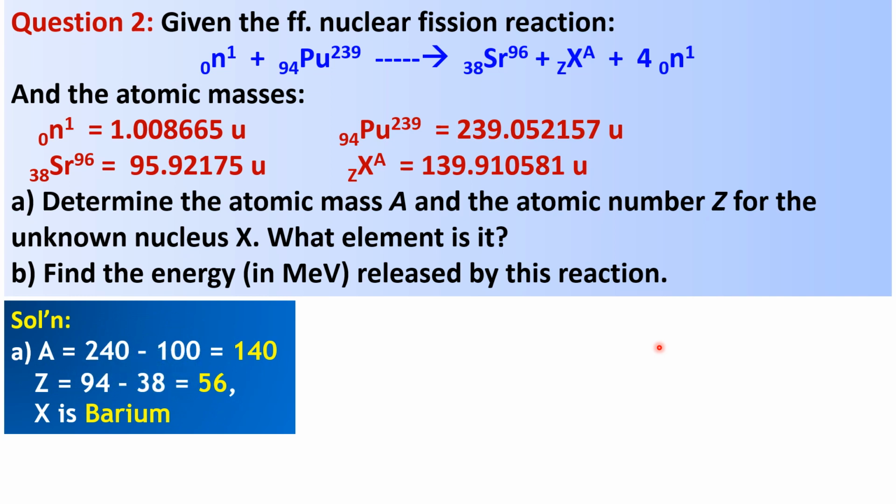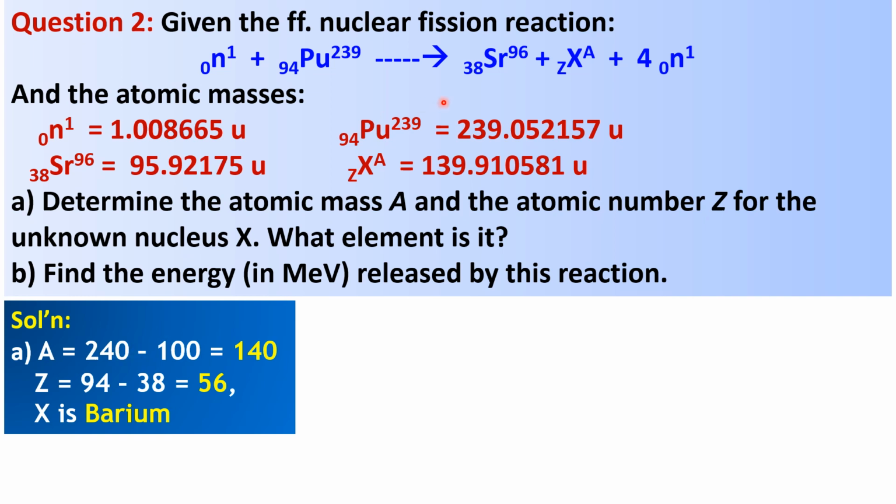So, just like in our example number 1, we first get the mass number A of the unknown nuclide, and that is done by getting the difference of the mass numbers: for plutonium 239, then for neutron it's 1, so a total of 240 as the mass number of our initial nuclides.